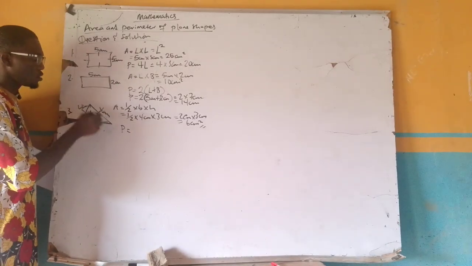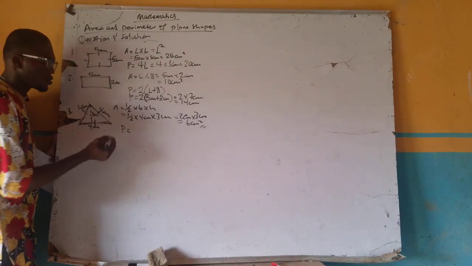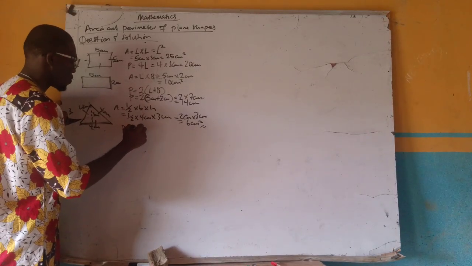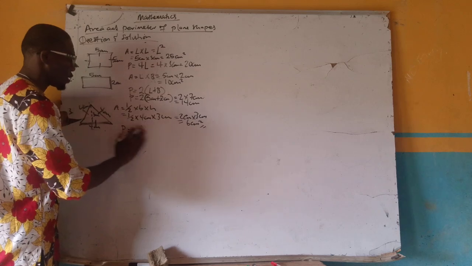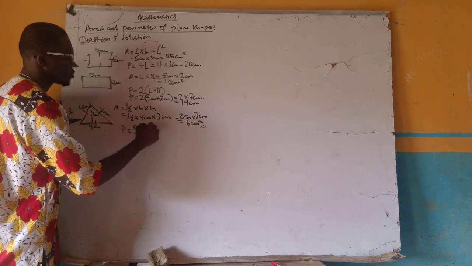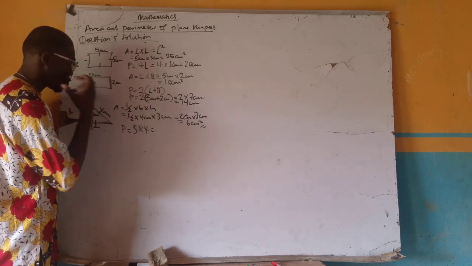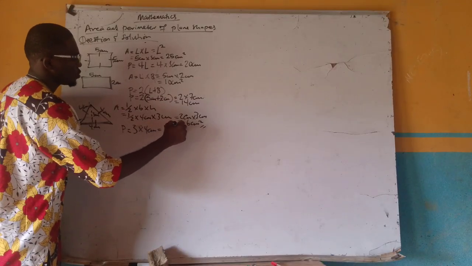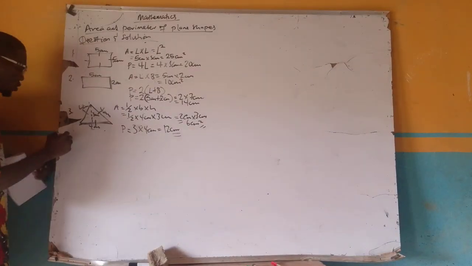The perimeter simply means this plus this plus this. So we have 3 times 4 centimeter, since all the sides are equal, and that will give us 12 centimeter. Okay, so let's go to another shape.